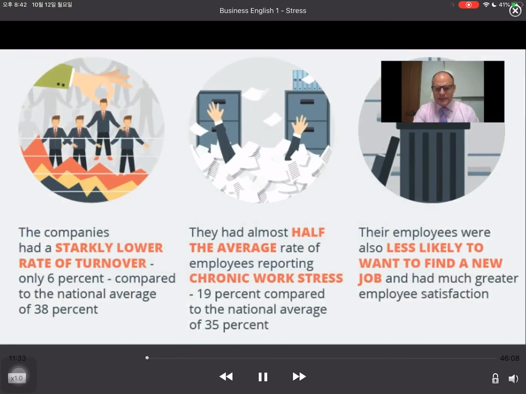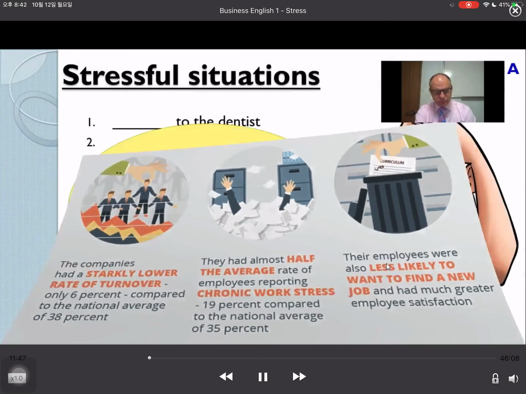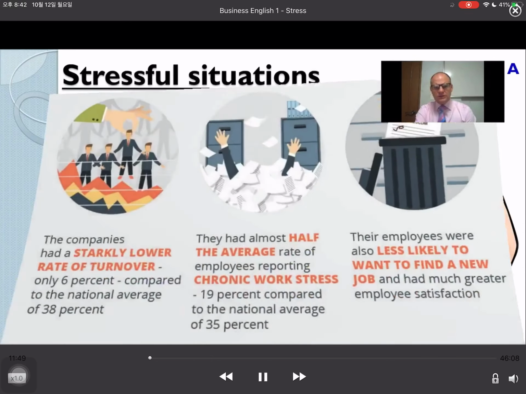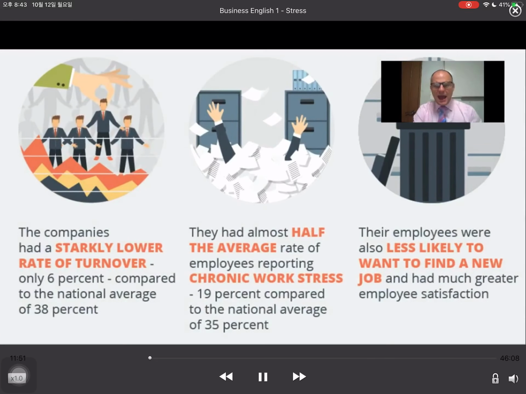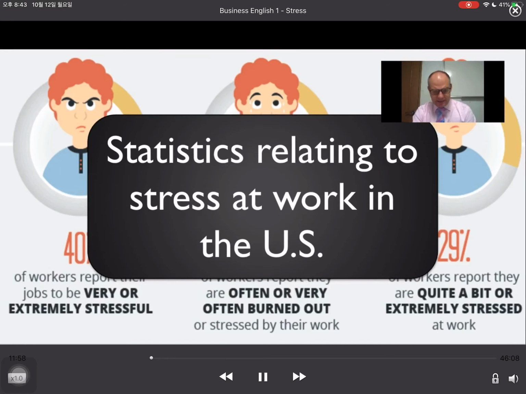Those companies that try to reduce stress, they found a lower turnover rate. They've found employees less likely to want to find a new job. Lots and lots of statistics there, and the benefits of companies actively trying to reduce stress.